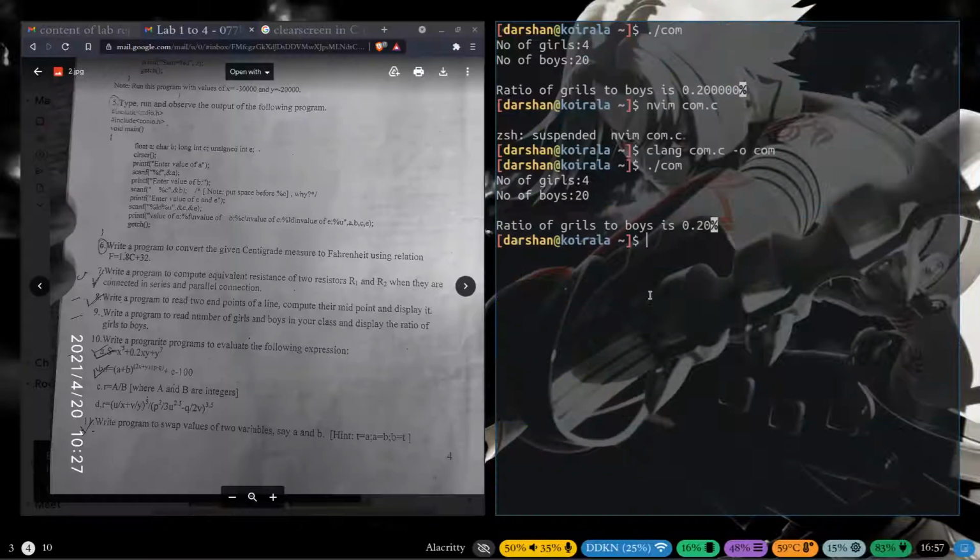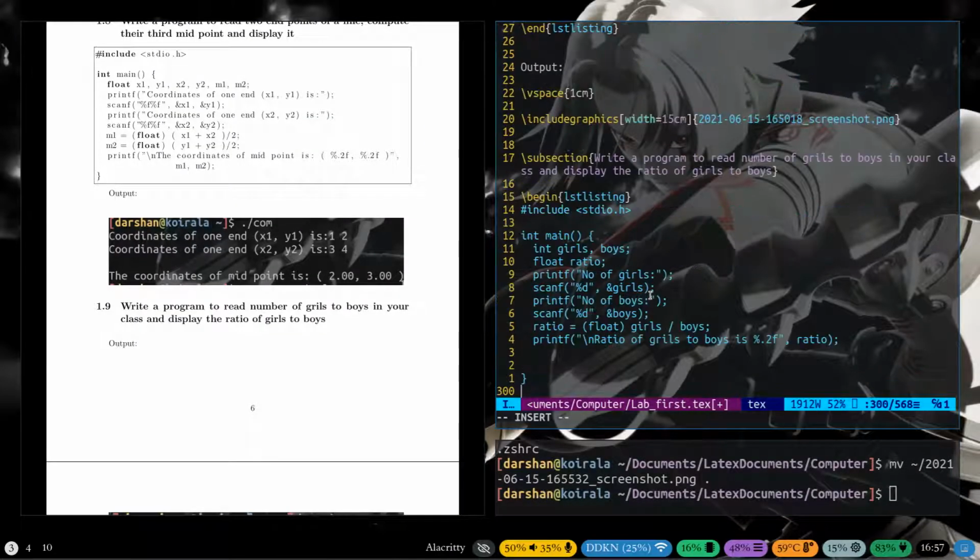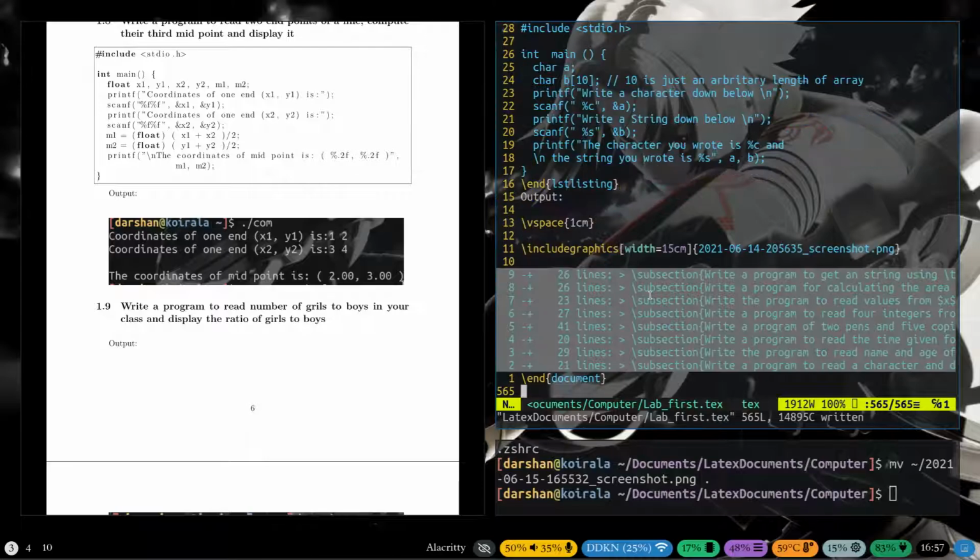Okay, I have not copied it. So cat copy. And also the other thing is that frame is equal to single. I don't think I have to write it every time.